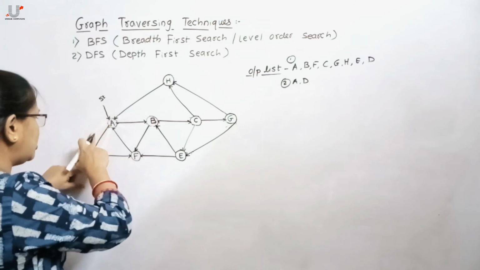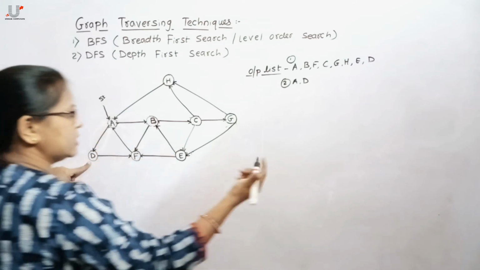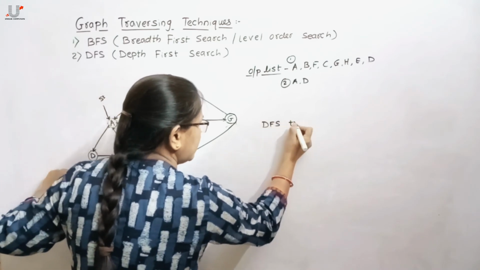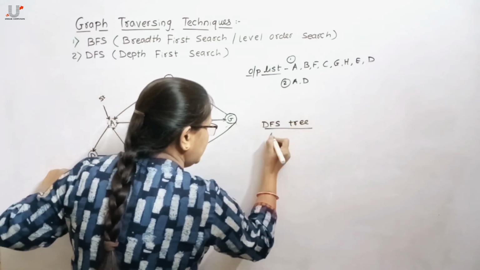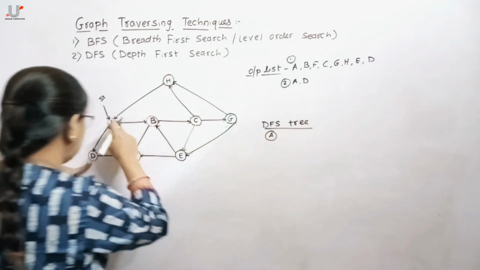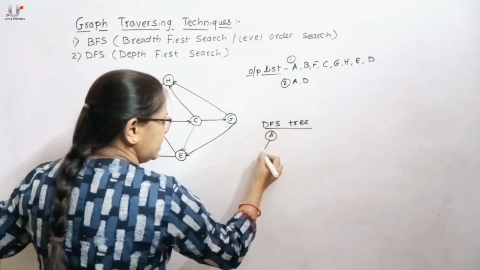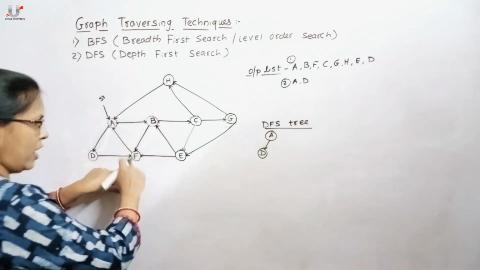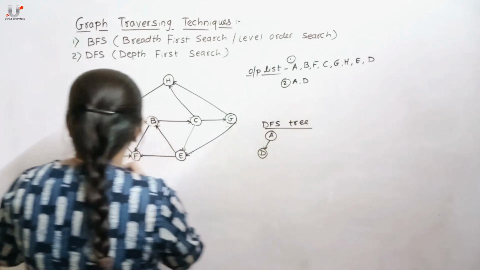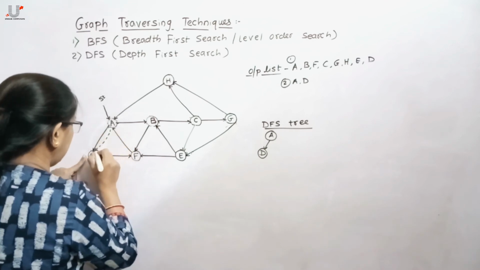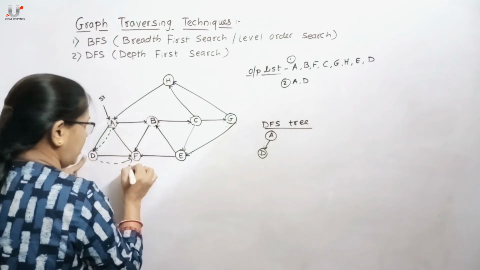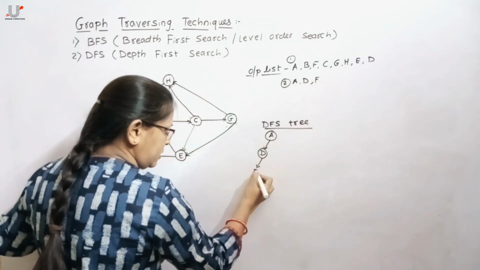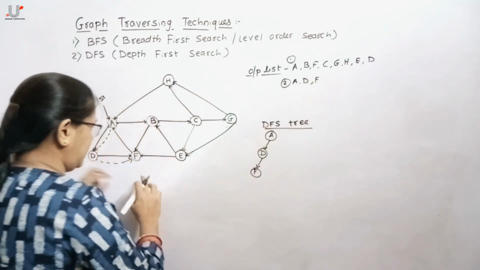We can also draw a DFS spanning tree. Here it's a DFS tree. Here I start from A, then the control will move to D, then after D the control will transfer to F. The control will transfer to F, so that F gets added to the output list. It also gets added to the DFS tree.